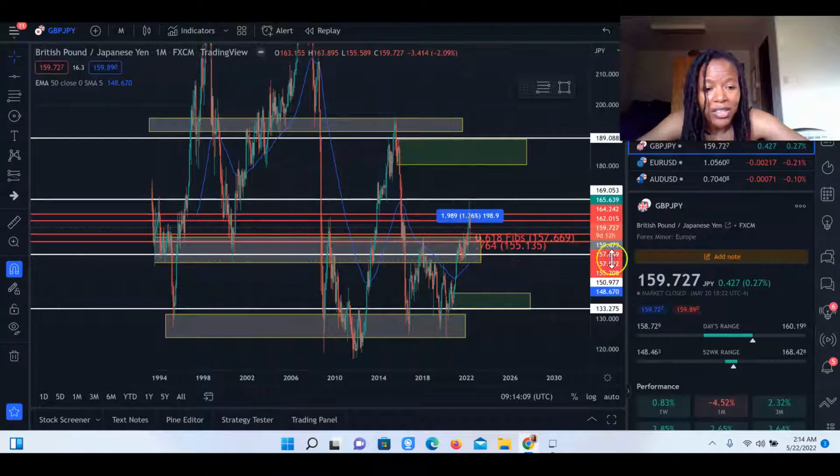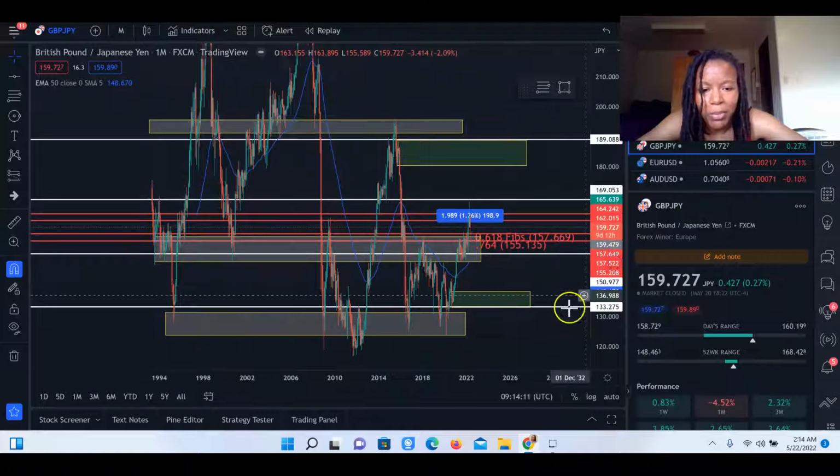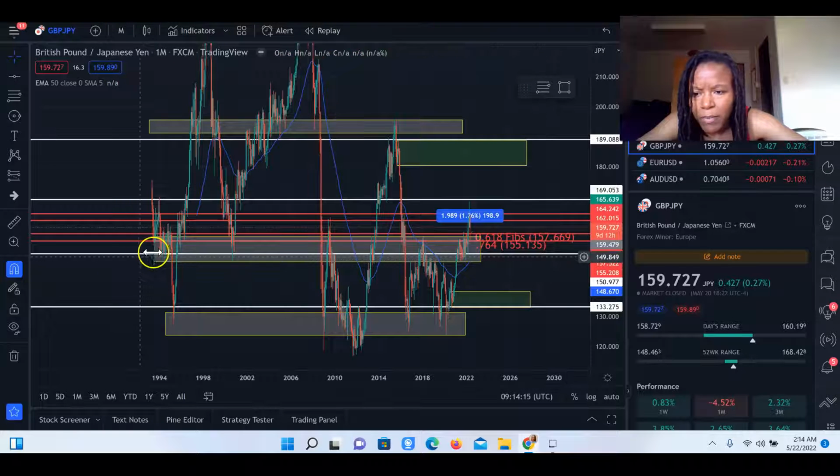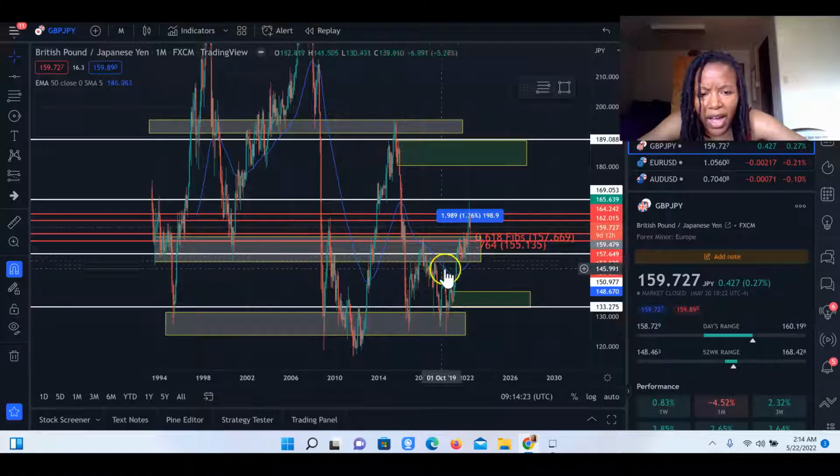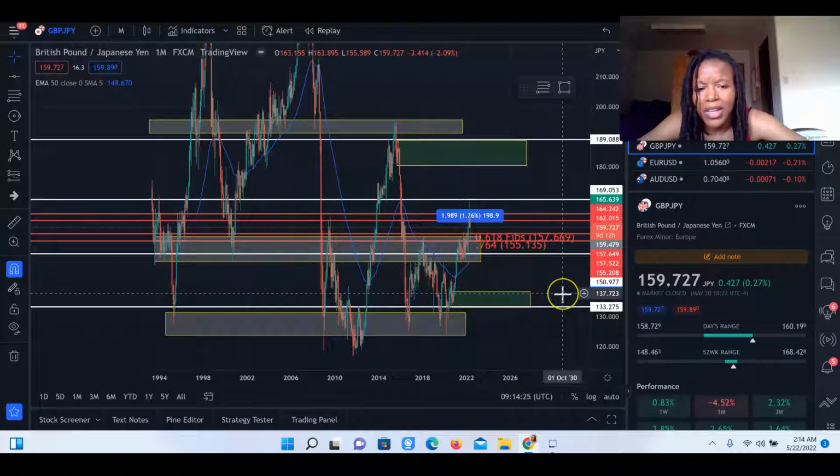I know it looks like a lot is going on, guys, but just bear with me. Price came and touched right here. We can see price hit this once, twice, 3, 4, 5, 6 times. So that is definitely an important part that we want to look at.